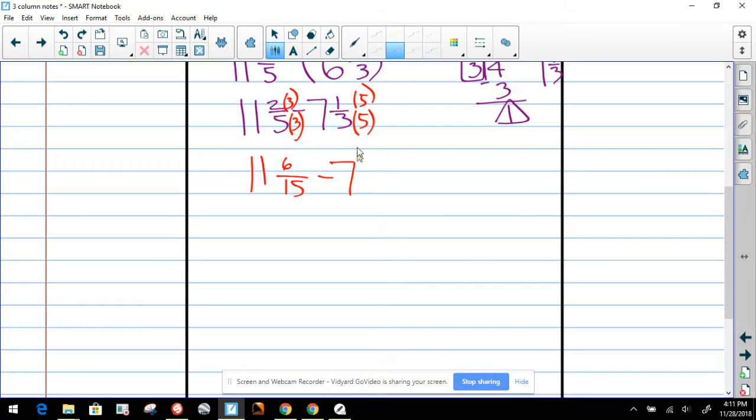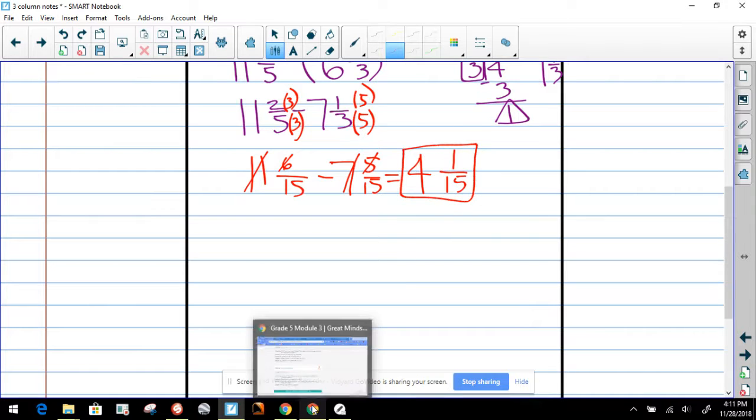Minus 7, 5 times 1 equals 5, 3 times 5 equals 15. So when you subtract this, take away 7 from 11, the answer is 4. The fraction is take away 5 from 6 equals 1/15. So there is the answer for this subtraction, my friends.